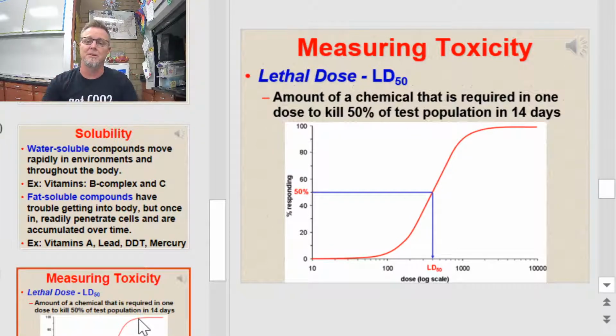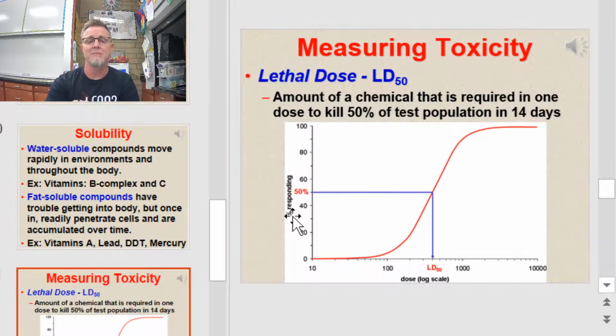Okay, so here we have a graph of an LD50 experiment, which illustrates that whatever this dose is that was being given to whatever creature, right here on this curve, that's where we get the lethal dose for 50% of the population.